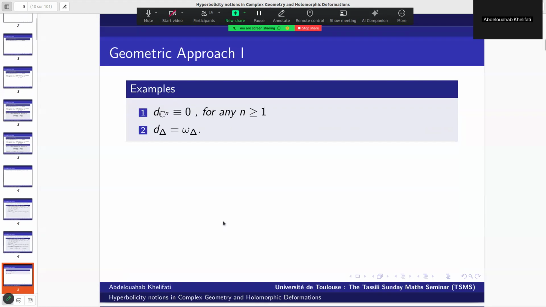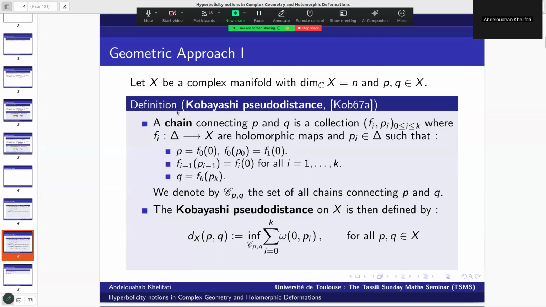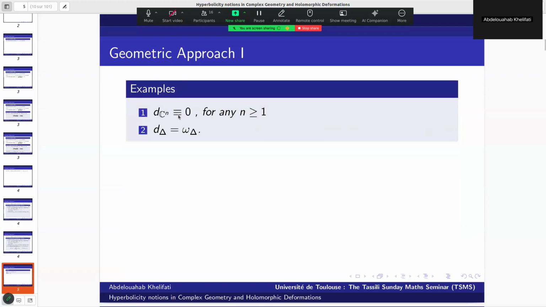So as an example, if you try to compute the pseudo distance on C^n, or C, it is actually identically 0, because if you take any two points, one can connect them by a straight line, and you have a parameter epsilon to control and take to 0, so the distance between any two points is actually 0.